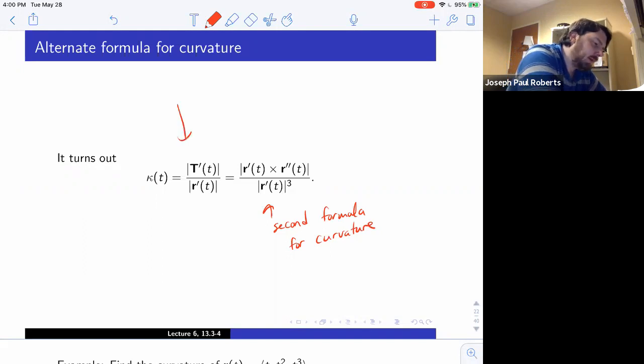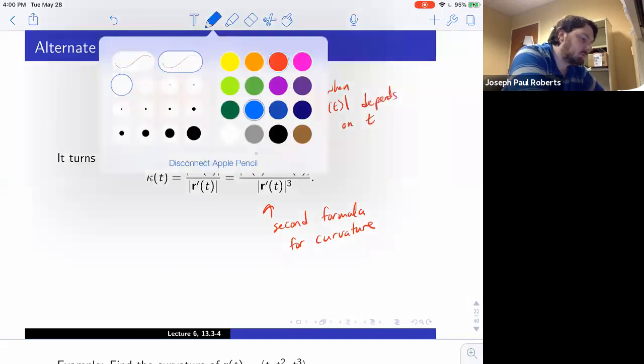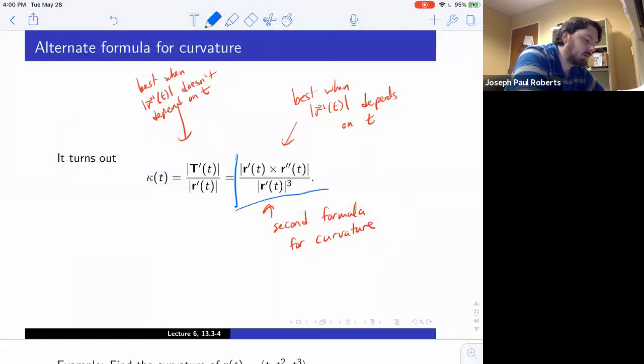This one is best when the length of R prime of T doesn't depend on T. And this formula is best when the length of R prime of T depends on T. And so I know I always get this question: my brain is full, I only want to memorize one of these.